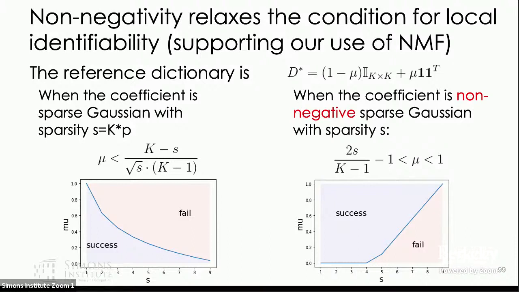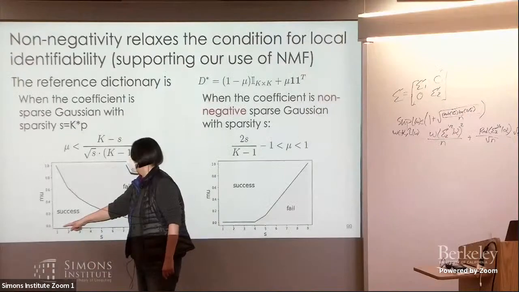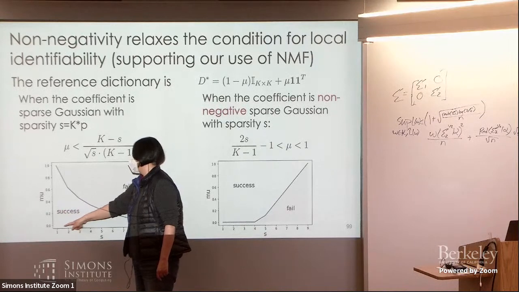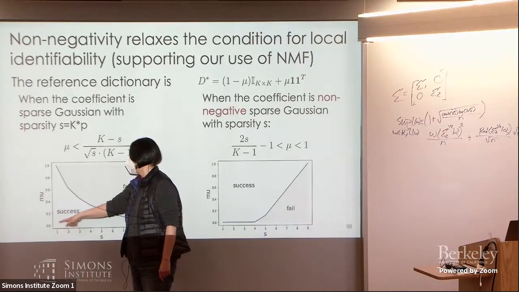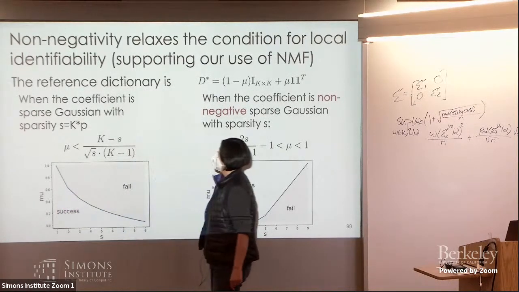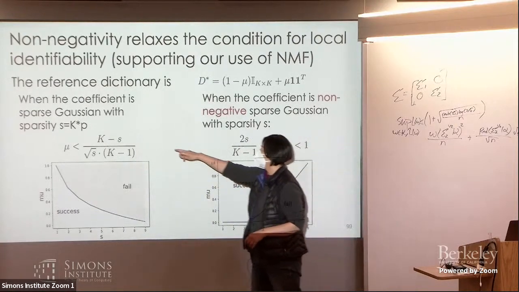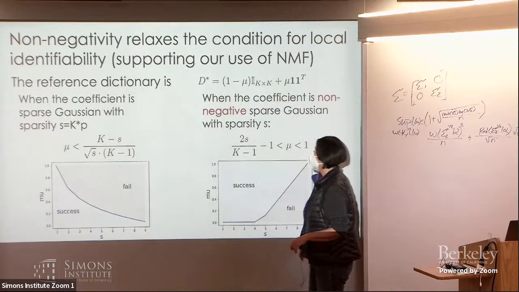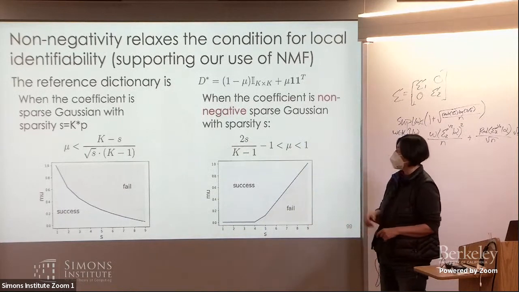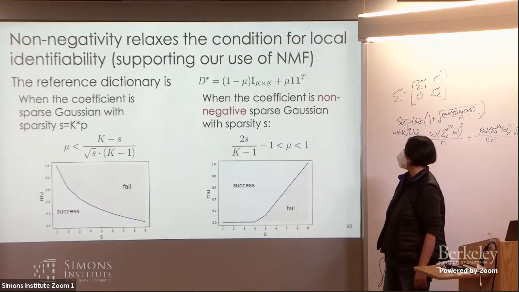When the sparsity is high, you need the coherence to be low. If you have very low sparsity, very few non-zero coefficients, then you can tolerate more dependence. So that's kind of the bound. It's not 1 over S, but like 1 over square root of S.